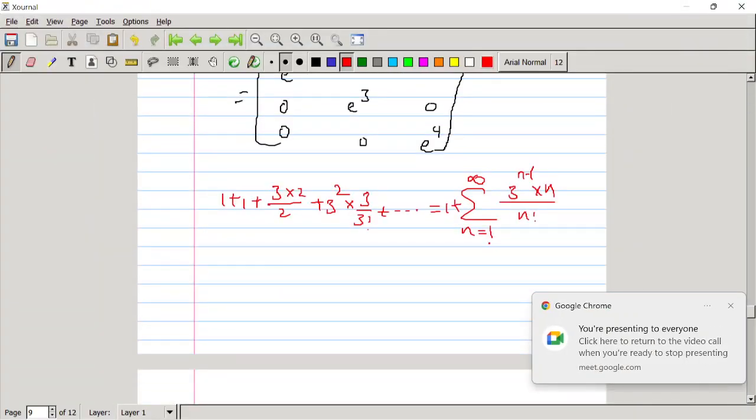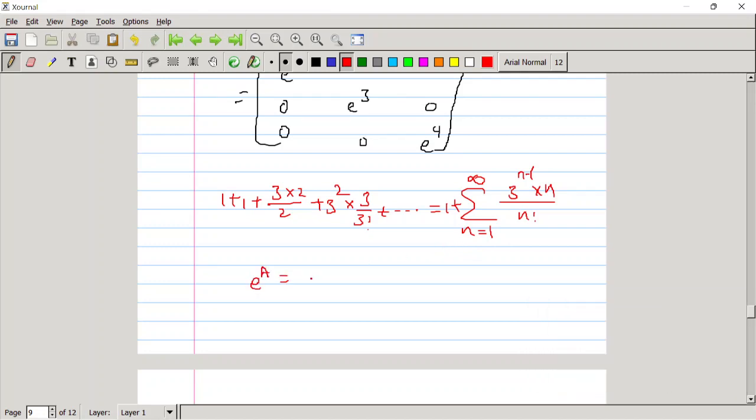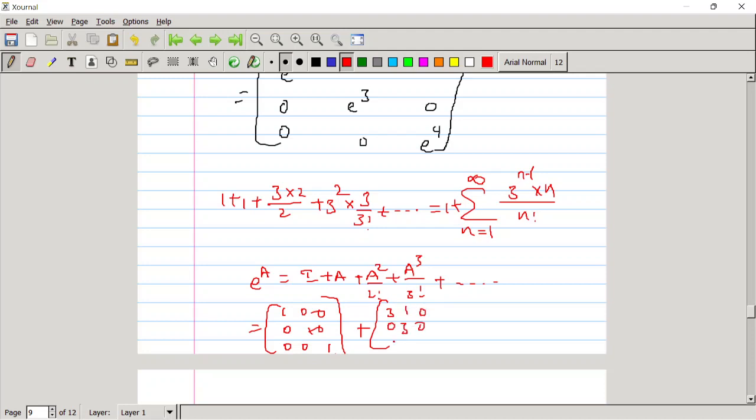Sir, will you please again explain from e power a? E power a is nothing but the sum of the matrices I plus a plus a square by 2 factorial plus a cube by 3 factorial plus and so on. So I'm just adding the matrices 1 0 0, 0 1 0, 0 0 1 plus a, which is 3 1 0, 0 3 0, 0 0 4.